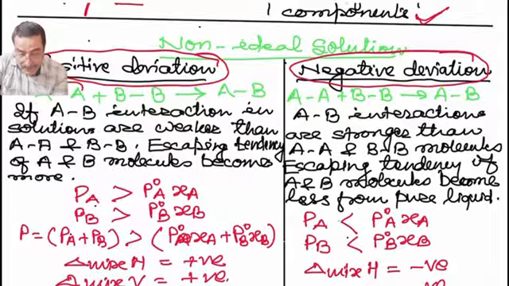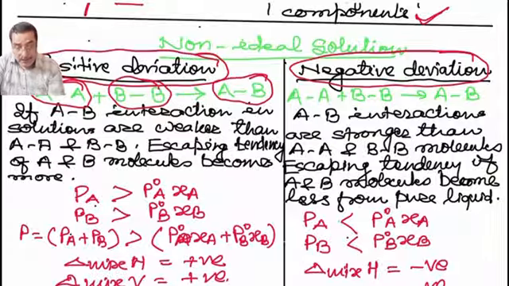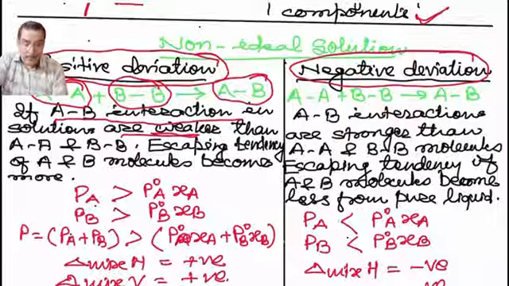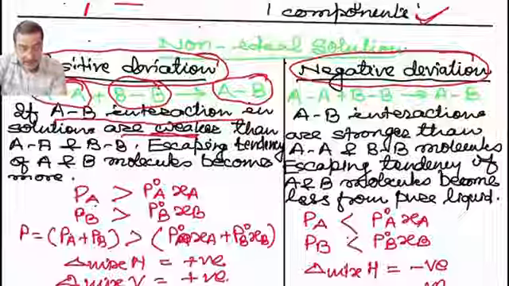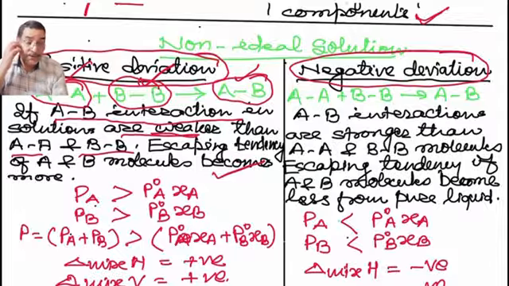A is one component, B is the second component, and it makes a solution AB. If the A-B interaction in solution is weaker, then what happens? The escaping tendency of A and B is more. What are the changes?